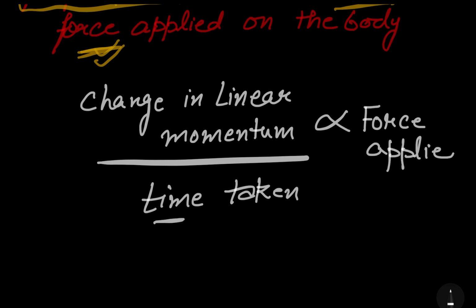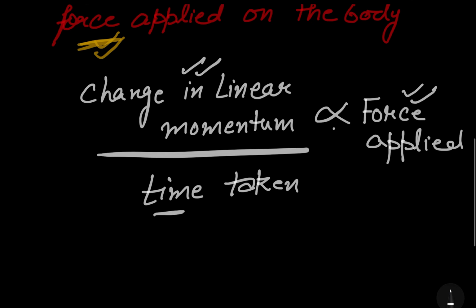This is the meaning of rate of change: we consider the change in linear momentum with respect to time. This is the sign of proportionality, students. The more the force, the more the change in the linear momentum of the body. This is nothing but Newton's second law of motion.